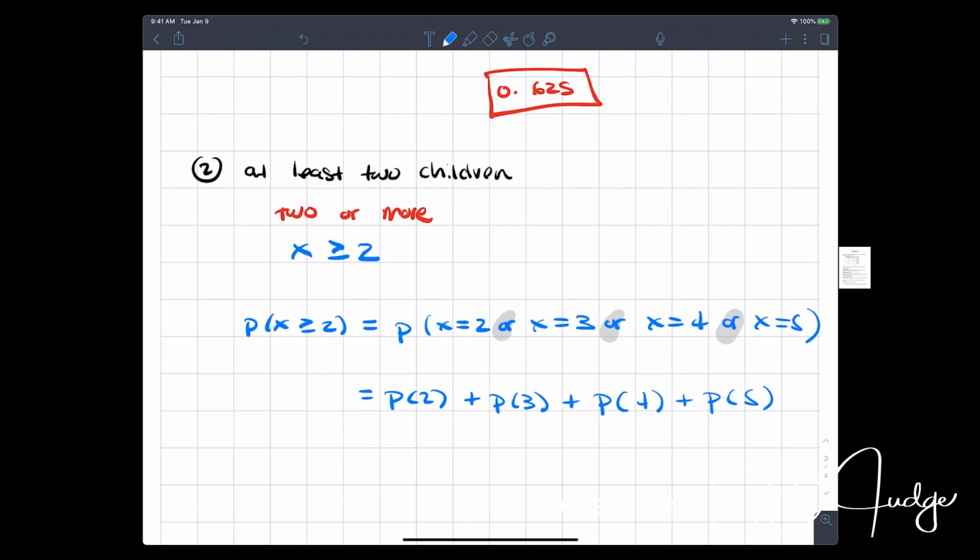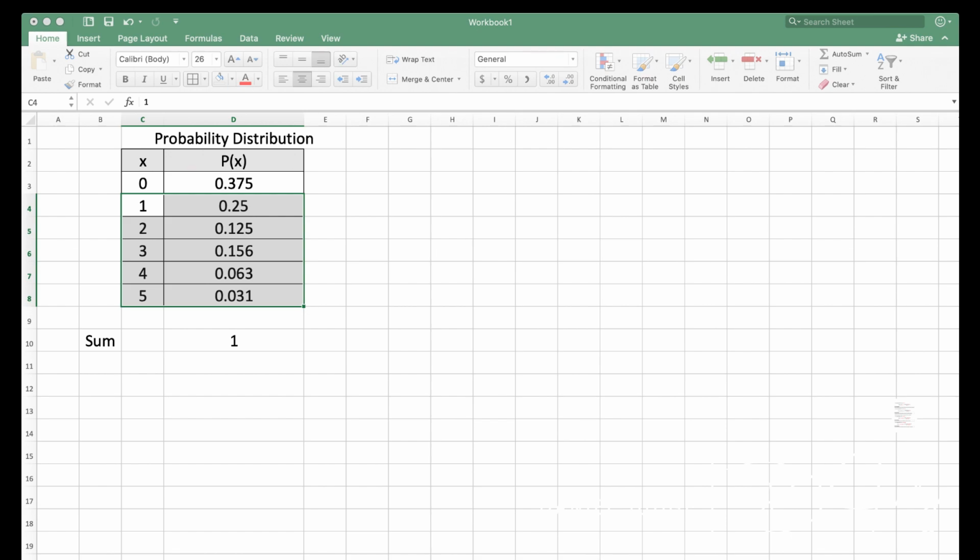So how do we find the probability of having at least 2 children, selecting somebody in this table? Well, yet again, we go back to Excel, and for at least 2, we're going to add these probabilities together. For P of 2, we know this is 0.125, P of 3, 0.156, P of 4, 0.063, and P of 5, 0.031.